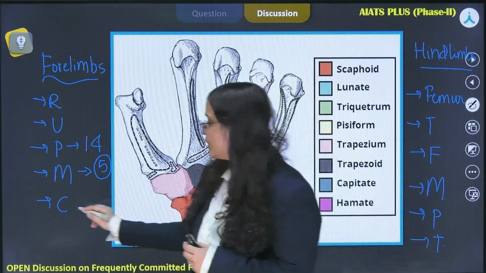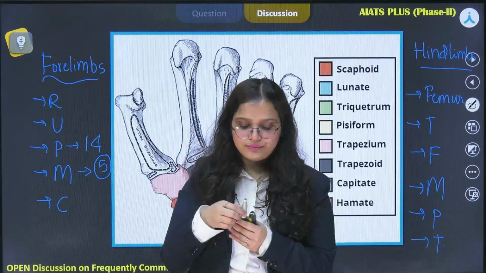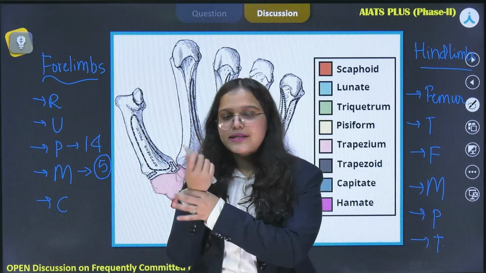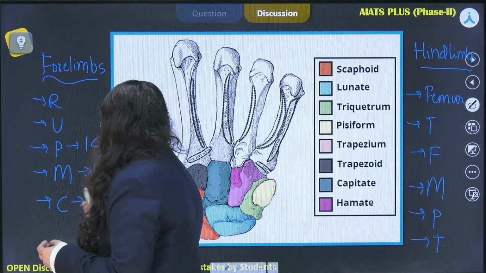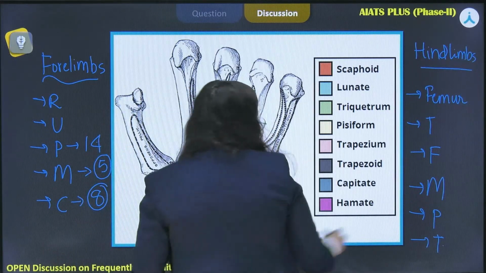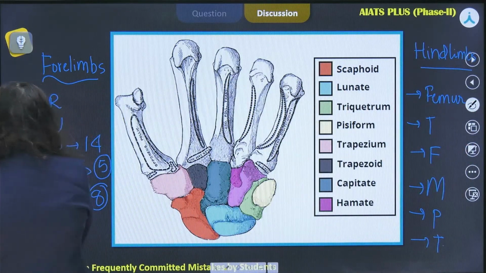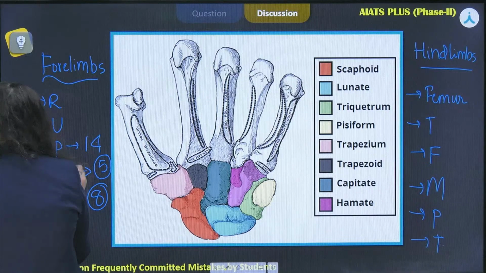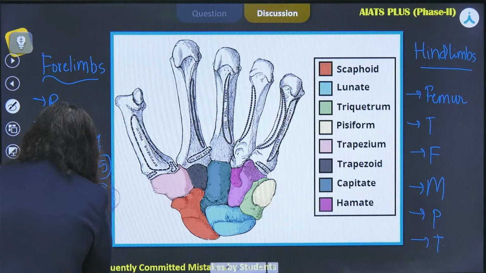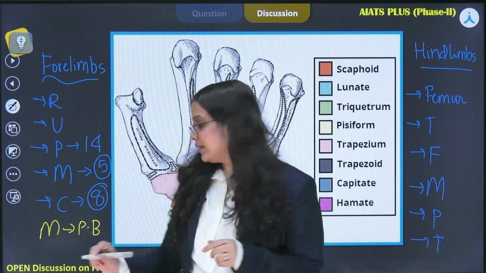Then we come to carpals. My wrist is made up of carpals, and they are 8 in number. All right. So the metacarpal is the palm bone, whereas the carpal is the wrist bone.